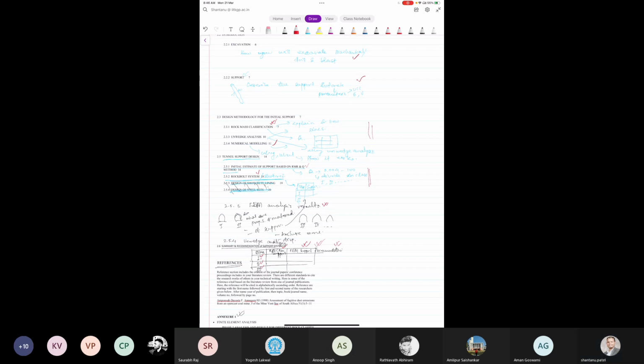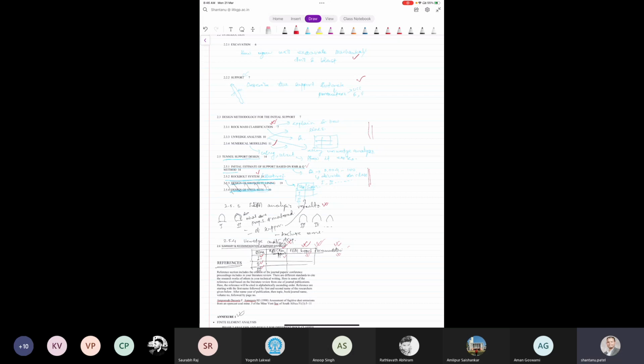Then find out what support system your FEM analysis needs, and you need to talk about the wedge analysis, which I will show you maybe in the next class. And you put this table, which is very important: you divide it by class, support as per the rock mass classification system, support as per the FEM analysis, and what you recommend.